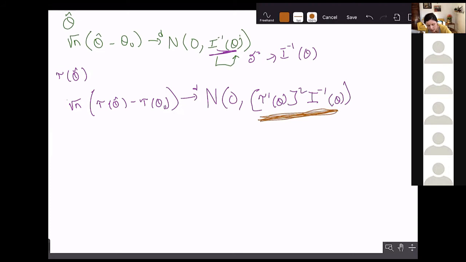So you just take the derivative of that function, that transformation of your estimator, then you square it and you multiply it by the inverse information.